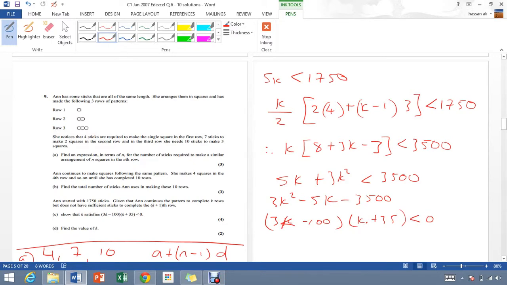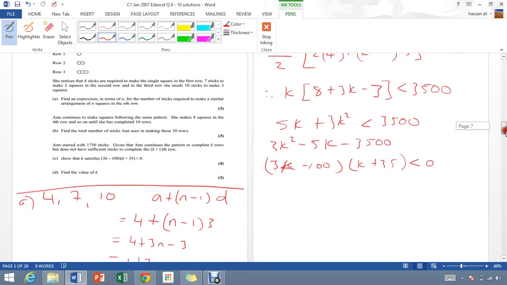And part D simply says, it's a 2-mark question, find the value of k.